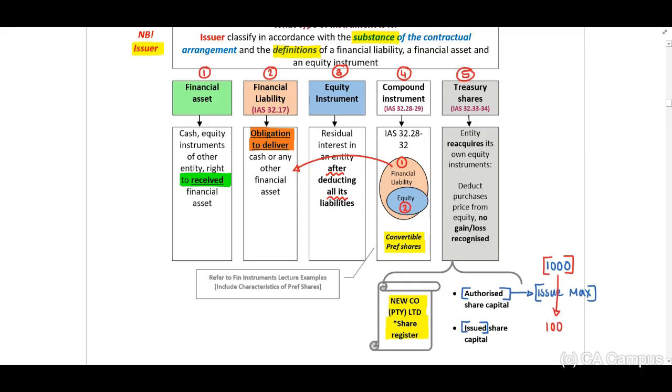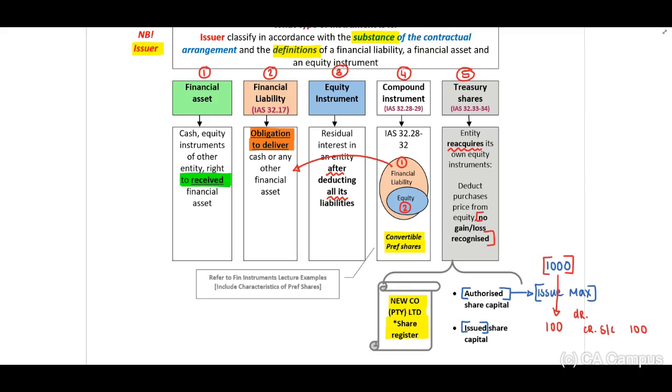Therefore, the journal entry will be to debit bank and to credit share capital with, for example, 100 shares at R1 each. Now, when an entity reacquires its own equity instruments, they deduct the purchase price from equity and no gain or loss shall be recognized.